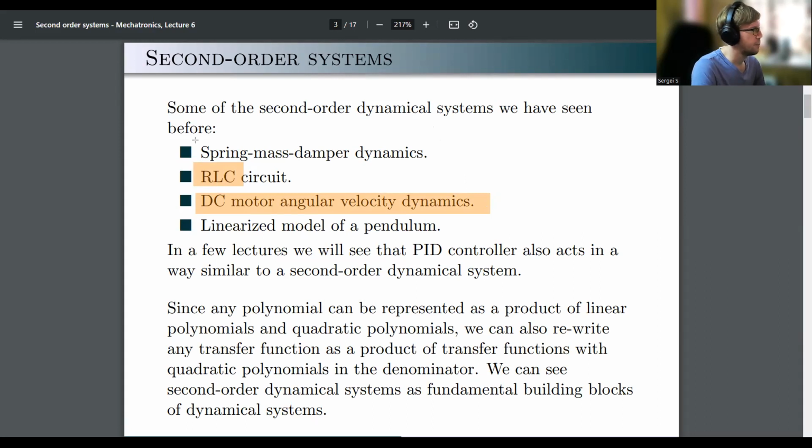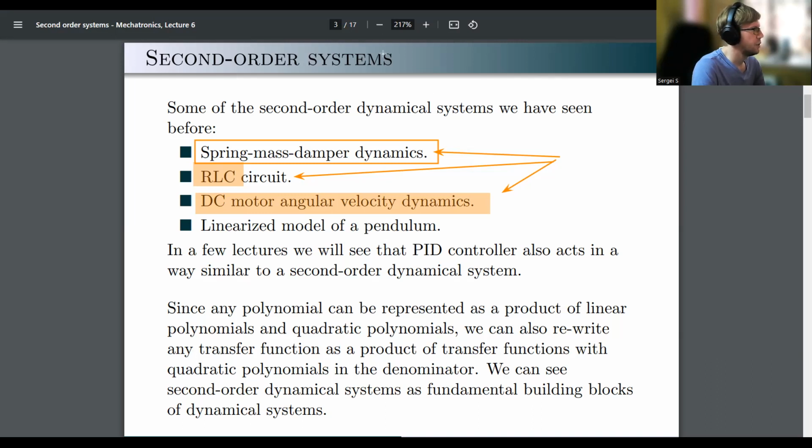We probably are familiar with spring mass damper. Spring mass damper is a second order system. All of those are linear systems too. They're not just second order, they're linear. And this is what I'm going to mean by second order in this lecture. Second order ODE, linear. I think that's what I mean.